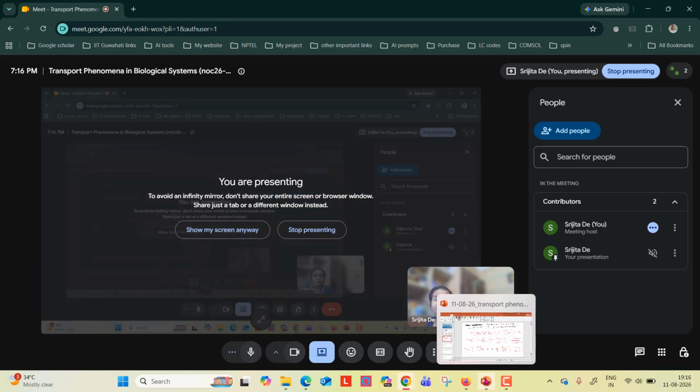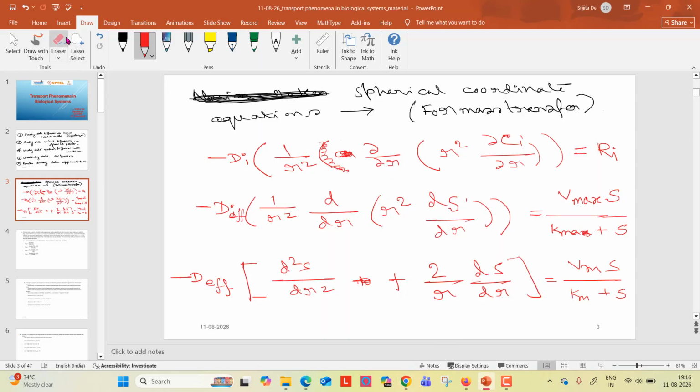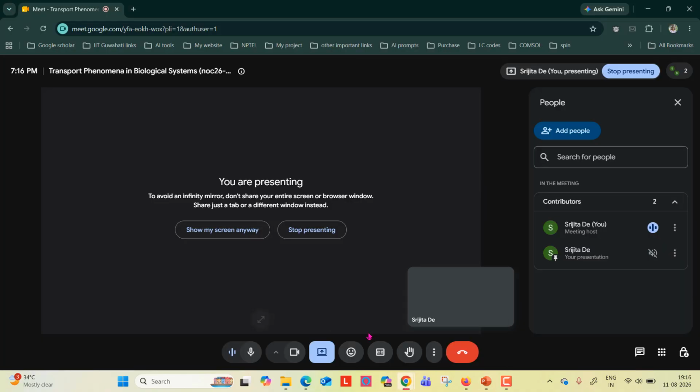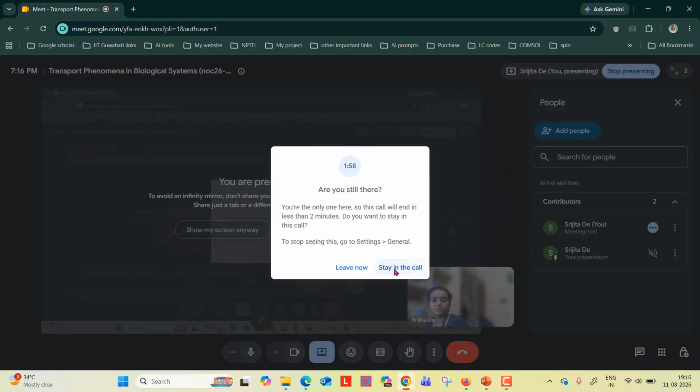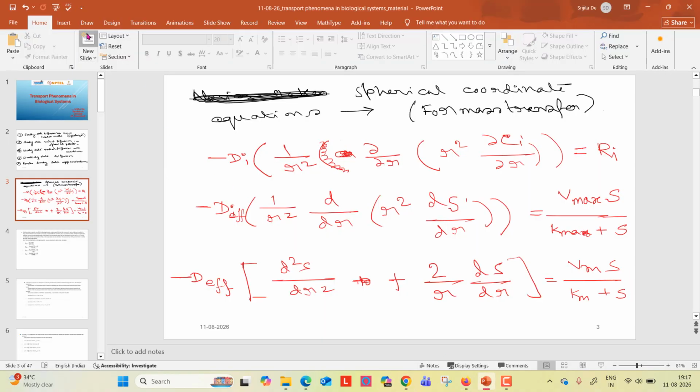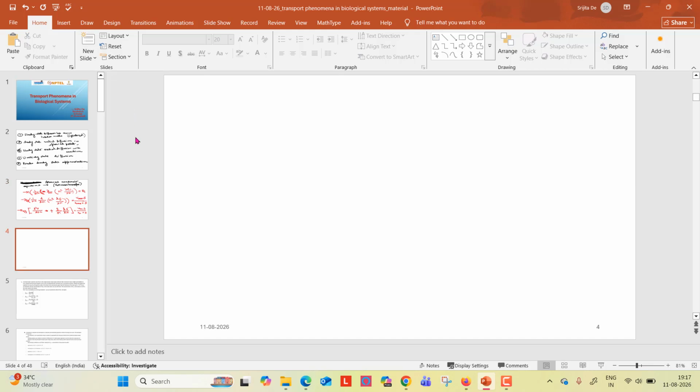Okay. So now we'll go to the next part. There is a boundary condition associated with it. What is the boundary condition? Suppose this is a spherical pellet.